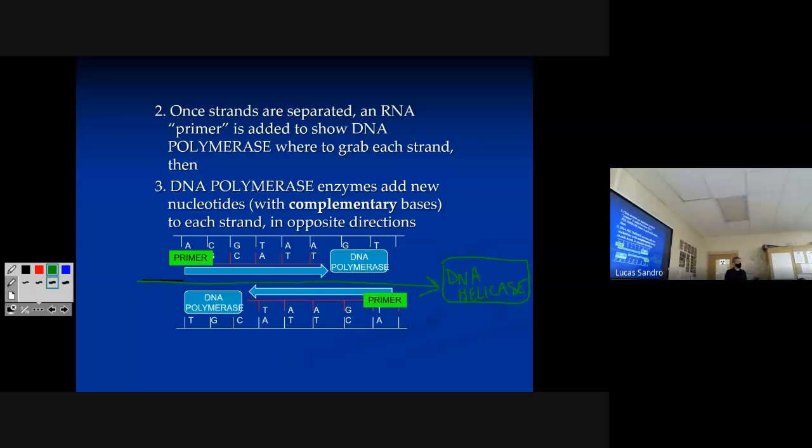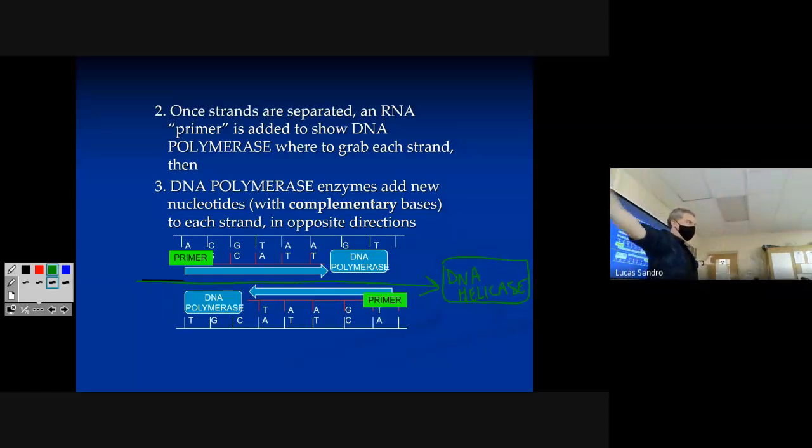Any questions at this point? So far, very simple. Right? We got something that split the strands, and now we got two things that are adding complementary bases to the strands. But it gets complicated now just a little bit because of the fact that the helicase is running in one direction. The helicase, think of your 6 feet of DNA.